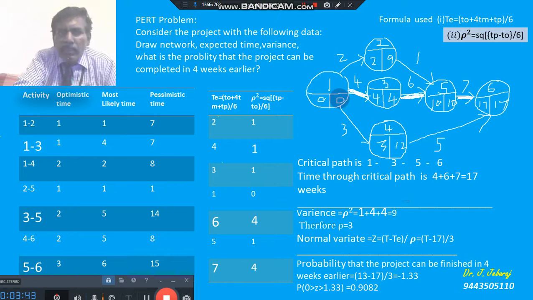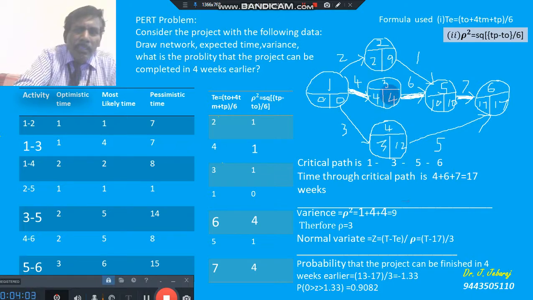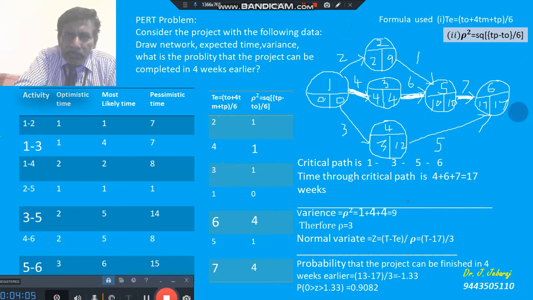The first one I am taking as the earliest time, and the second one I am taking as the latest time. So in all the events it is like that: earliest time, latest time. That's what you have to understand.